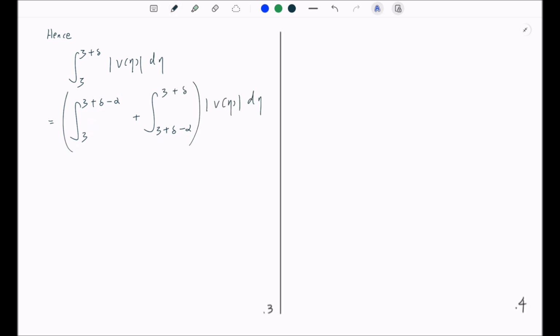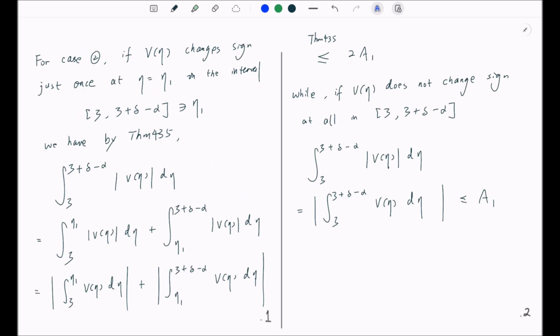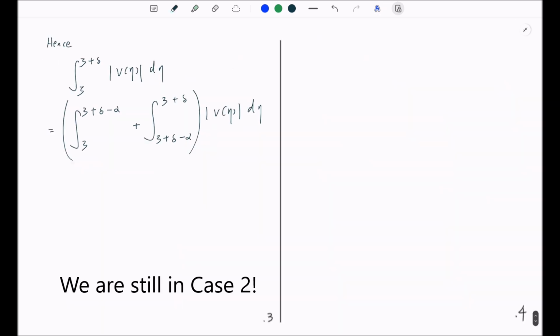The first part, based on the two subcases in case 2, is always bounded by the more generous bound twice a1. So this is less than or equal to twice a1 plus the second part.